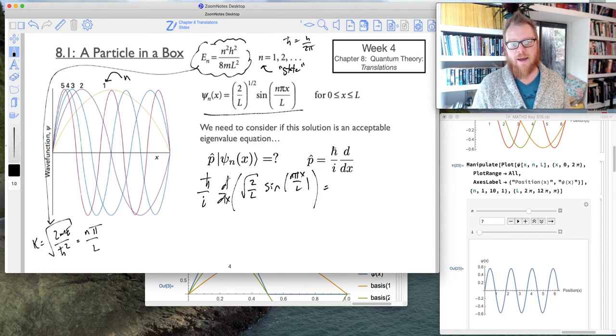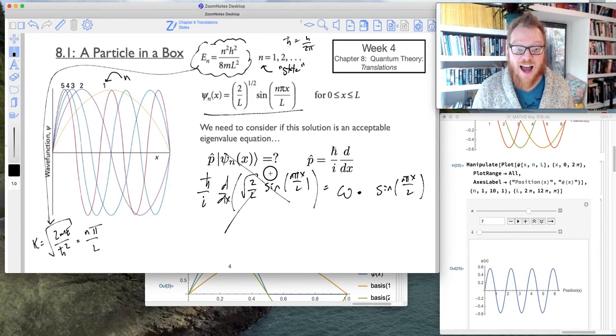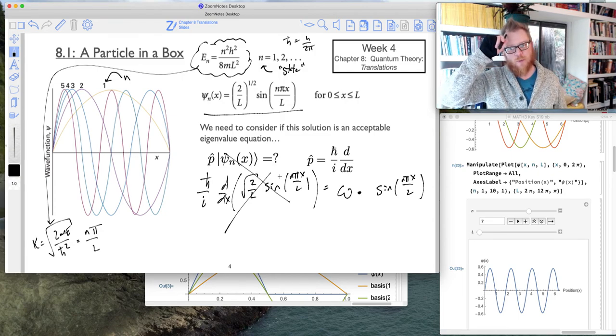So I'm going to have to get some eigenvalue that I'll represent by omega, but then I'm going to have to get back my original sine n pi x divided by L. And hopefully you can see right away that's not going to work, because the first derivative of sine is cosine. So this becomes a problem.